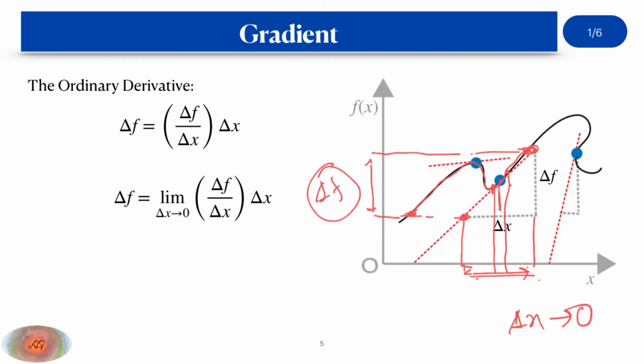So at that particular point we can write that this delta f can be written as df, the very small differential change in f that takes place when you move along the x-axis with a very small differential change.